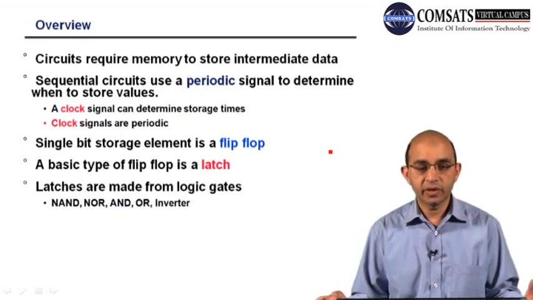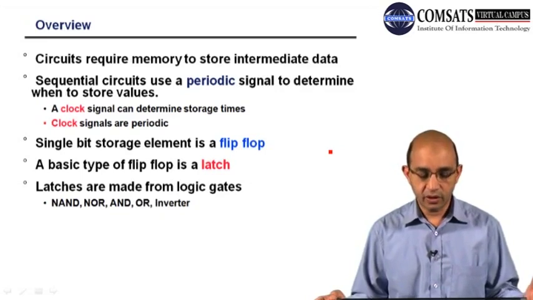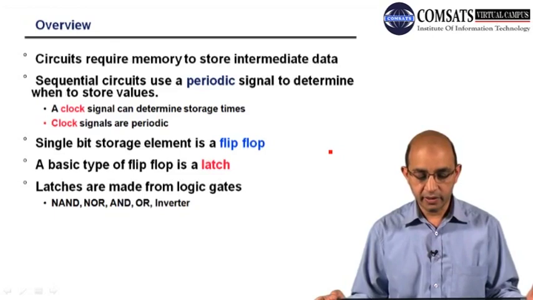In sequential circuits, there is another important signal that determines when we have to store the data, and that signal is called a clock, right? And the clock is a periodic signal.